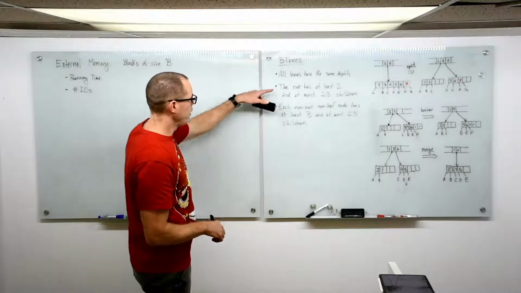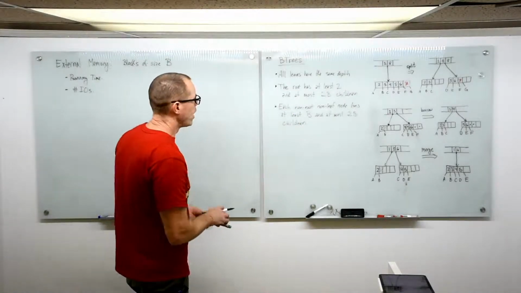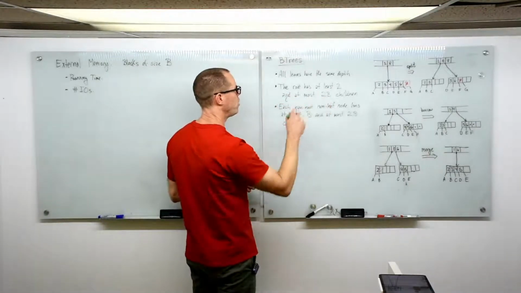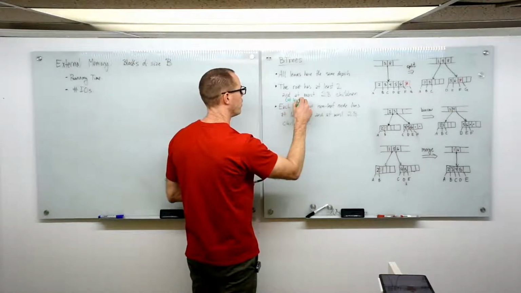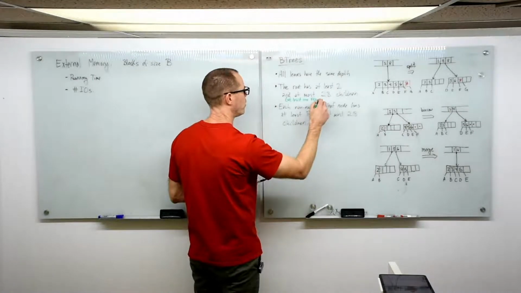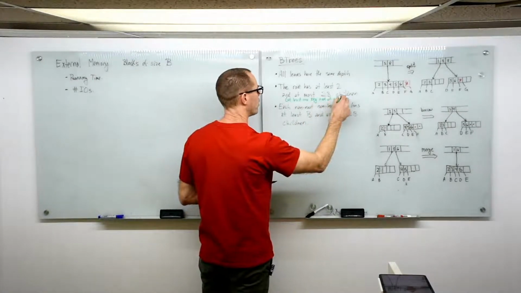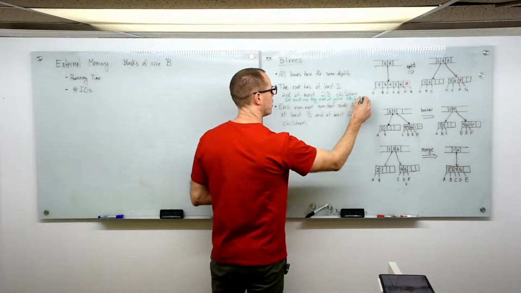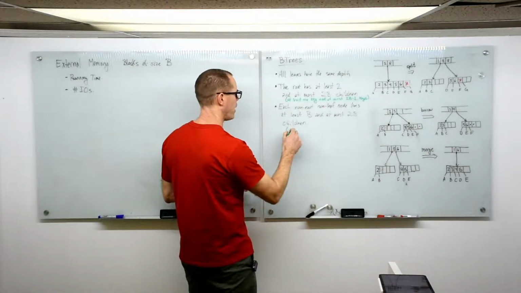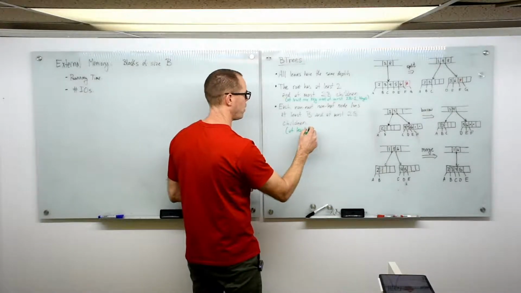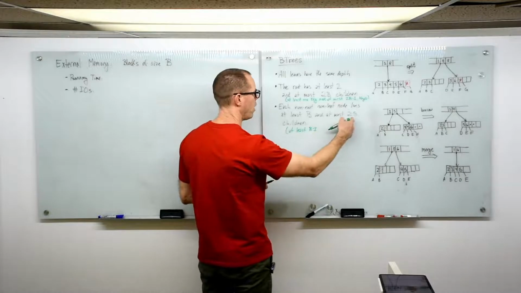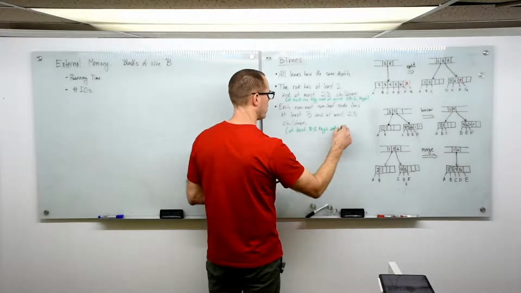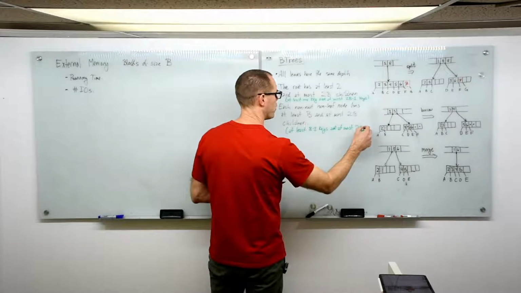And this guy here, if he has at least 2 children and at most 2b children, that means he has at least 1 key, so 1 value, and at most 2b minus 1 keys. And this one has at least, if it has b children, it has b minus 1 keys, and if it goes all the way up to 2b, at most 2b minus 1.